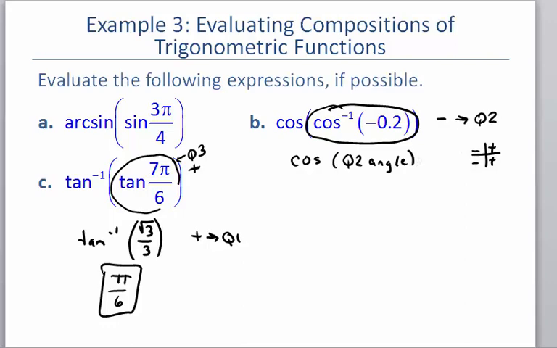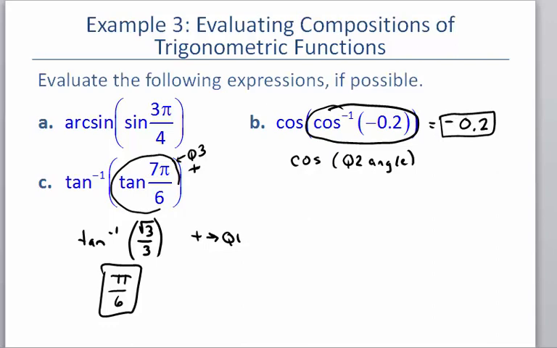And since that's the case, then we are safe to assume that the answer to this problem is not going to change. And so the answer to this will still be negative 0.2.